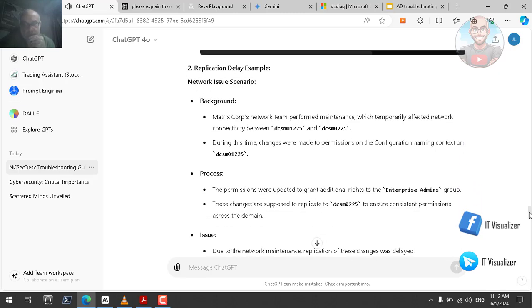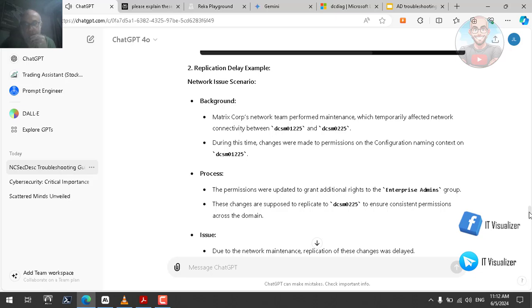Network issue scenario. Matrix Corp's network team performed maintenance, which temporarily affected network connectivity between DCSM01225 and DCSM0225. During this time, changes were made to permissions on the configuration naming context on DCSM01225. Process. The permissions were updated to grant additional rights to the Enterprise Admins group.